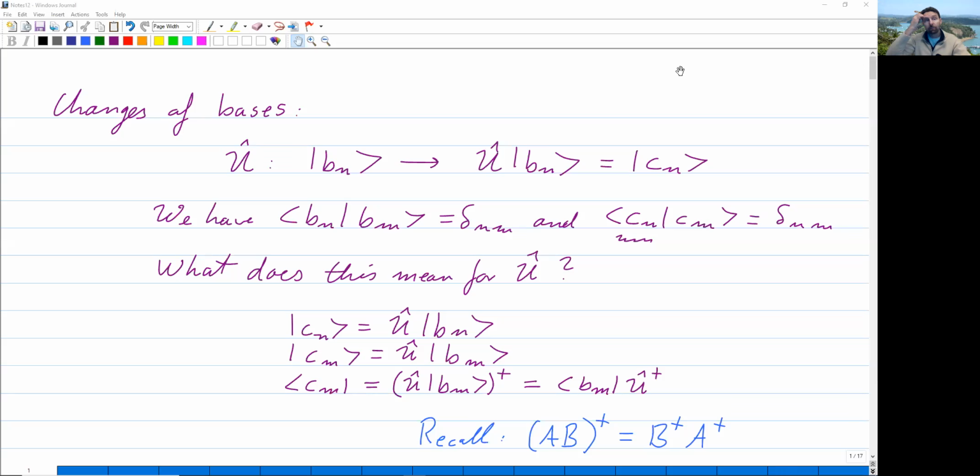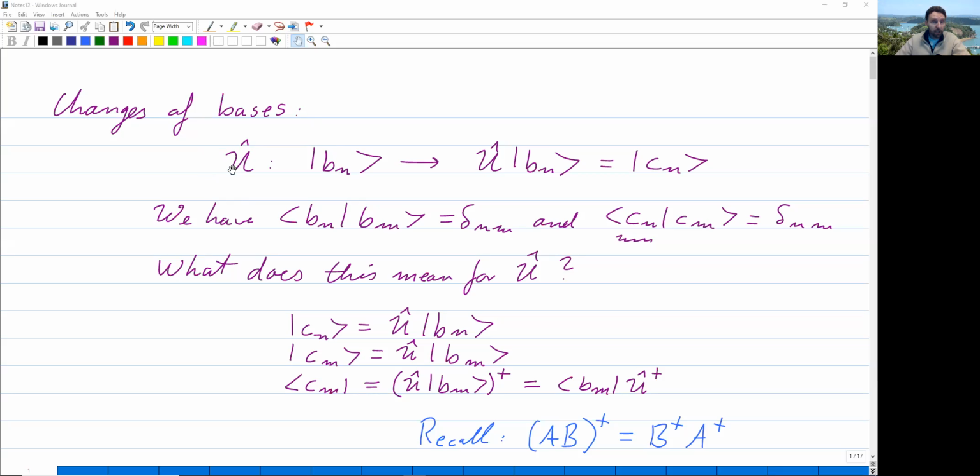Let me remind you of where we left off last time. We were considering changes of bases. And to that purpose, we introduced linear operators that we called U or U hat. I think there should be a hat on them to indicate that they're operators.